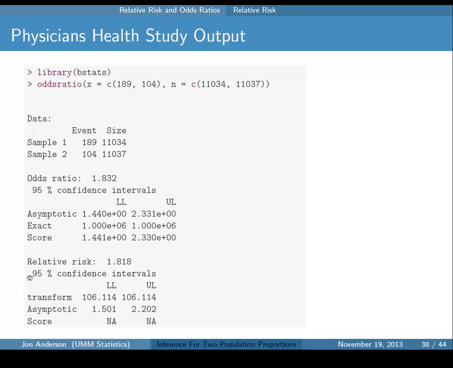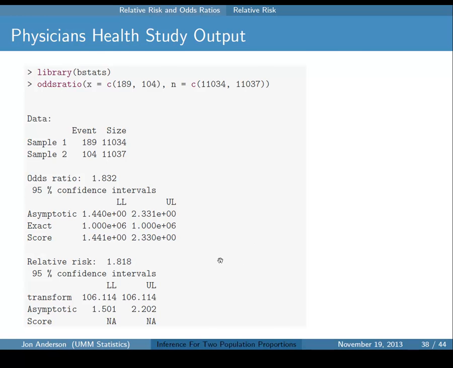Down at the bottom we get the estimated relative risk of 1.82, and a confidence interval with lower limit 1.5 and upper limit about 2.2.